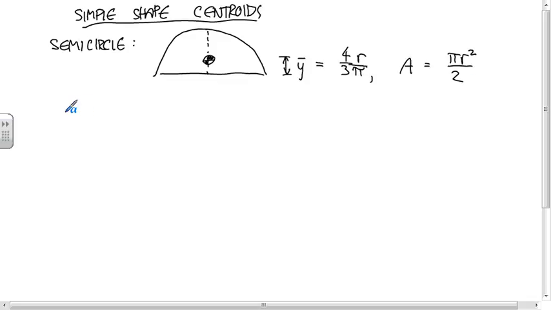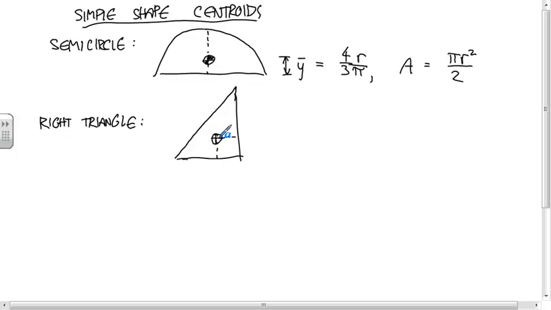And then a right triangle. How many lines of symmetry are there in a right triangle? If it's isosceles, there's one, but in general, there are none. So I need to give you a formula for both of these two locations. So I'll call this x bar and this y bar.